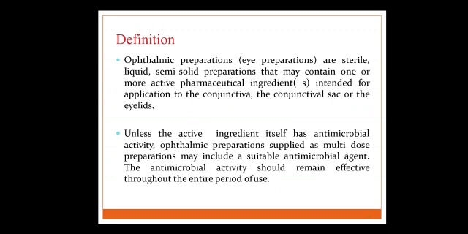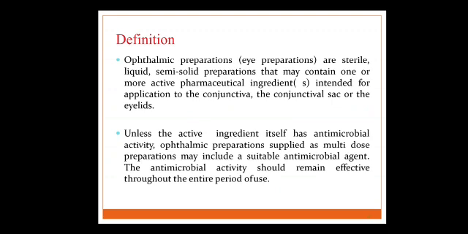Now, ophthalmic preparations. These preparations are sterile, liquid, semi solid preparations that may contain one or more active pharmaceutical ingredients intended for application to the conjunctiva, the conjunctival sac, or the eyelids.